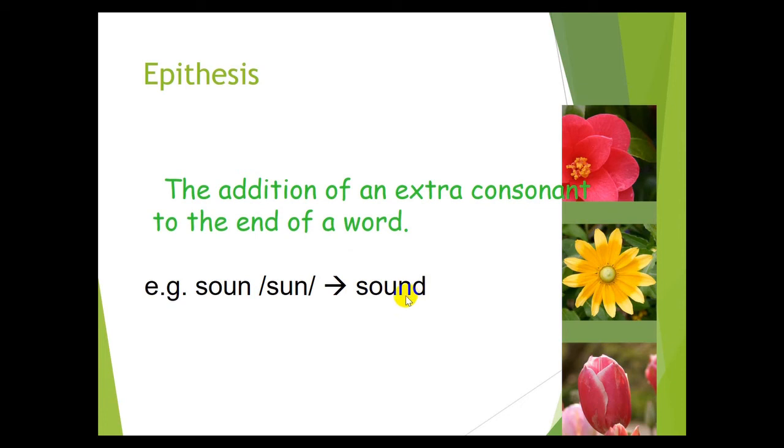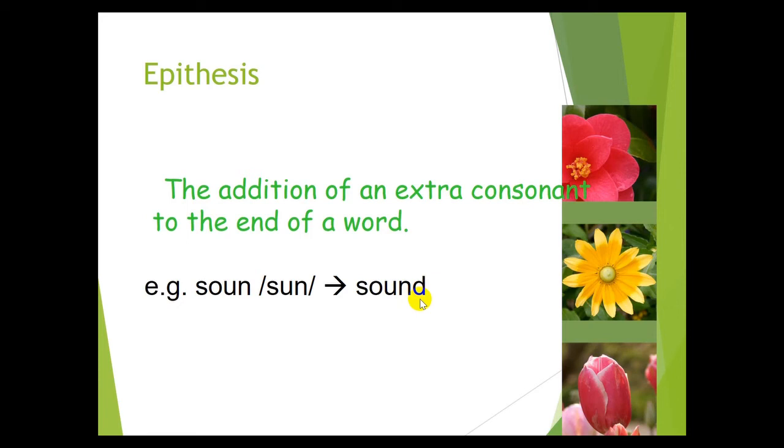So the position of the tongue is still the same, both n and d are alveolar. The position of the tongue is still the same in alveolar, same like n, but the air goes out through the oral cavity now. So that's why there is an extra consonant d.